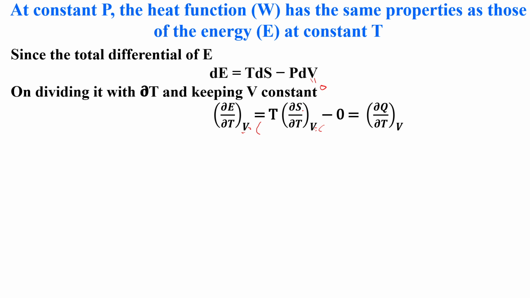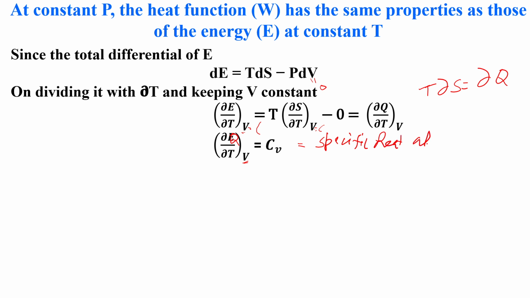So TdS is equal to curly Q, according to the second law of thermodynamics. And this variation of heat with temperature at constant volume is equal to Cv. Cv is the specific heat at constant volume.